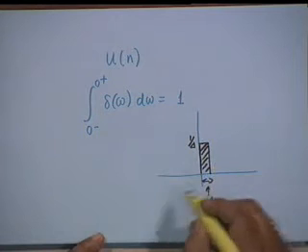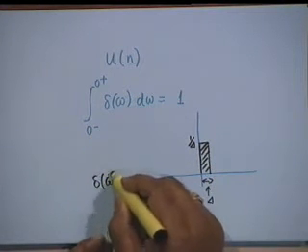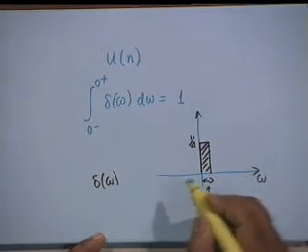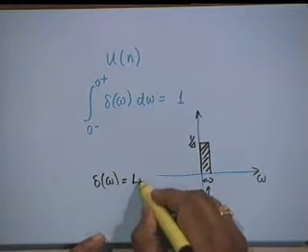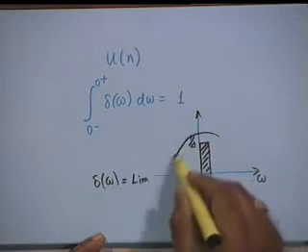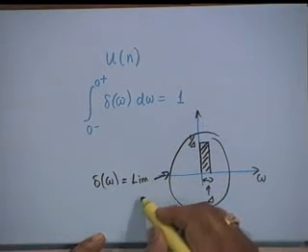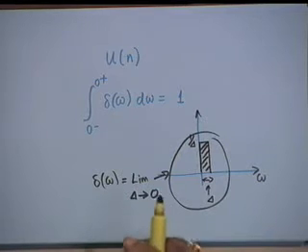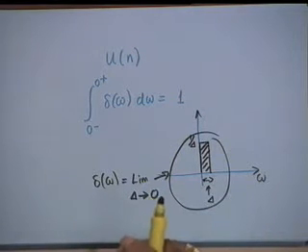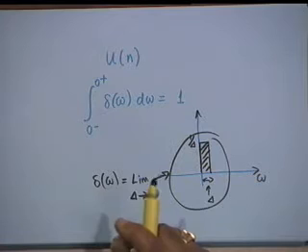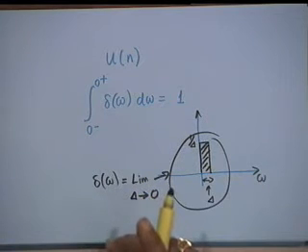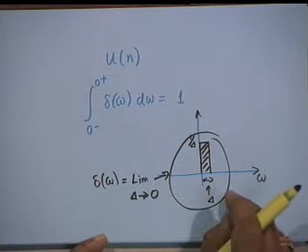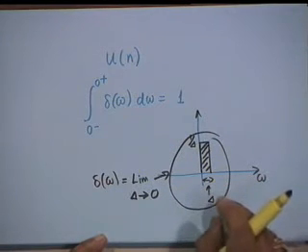When delta tends to 0, small delta of omega, plotted versus omega, is the limit of this square pulse as delta goes to 0. This is the definition of an analog impulse function. Analog, I mean not in the time domain, it is in the frequency domain, that it is a continuum.